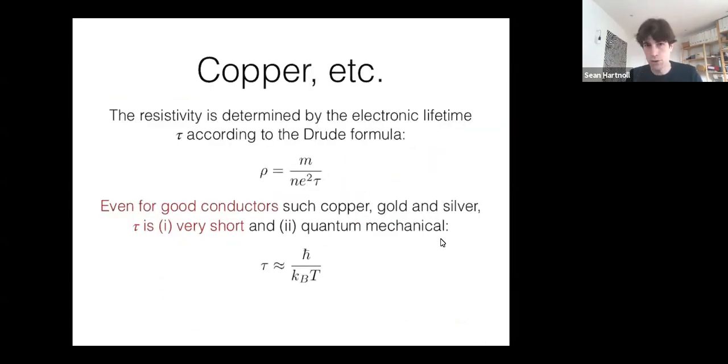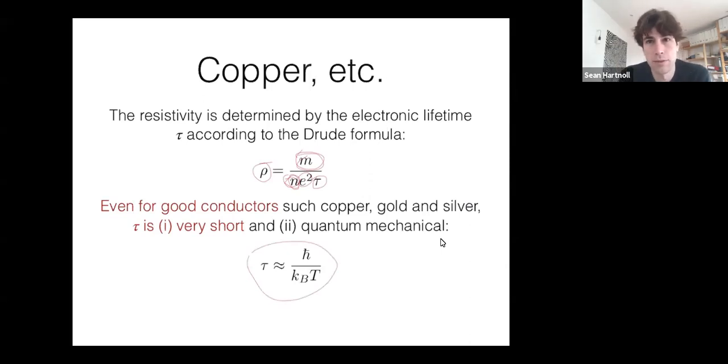Now if you want to be a bit more precise, the resistivity is determined by the Drude formula: the mass, the number of carriers, the charge of the carriers, and their lifetime. If you take that plot and put in things that you know, how many electrons there are, what their mass is, you'll find that the tau that you extract is given by hbar over kBT.